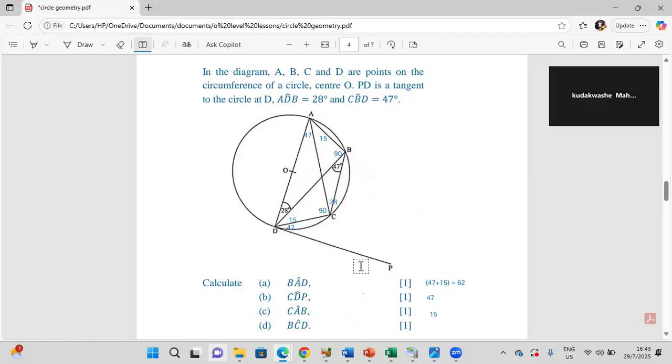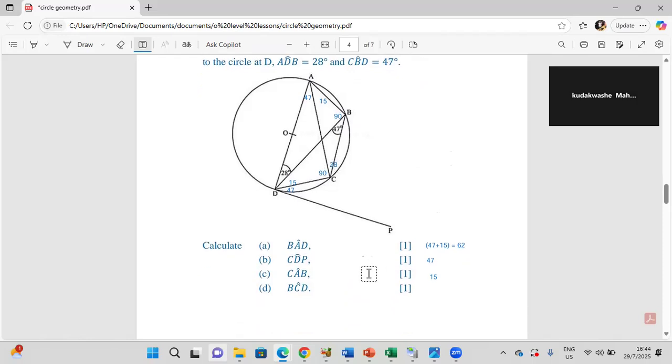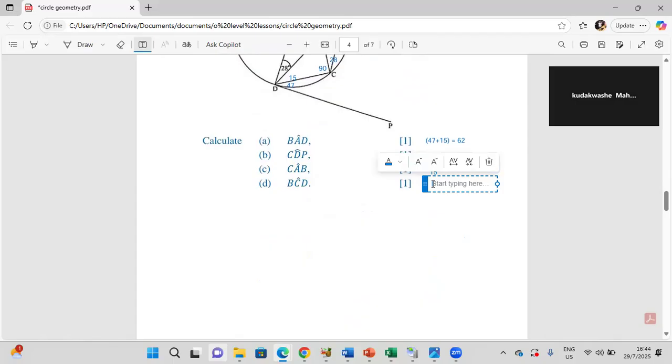So you can also say 90 plus 28. Or you can say 180 minus 62, and you should get the same answer.